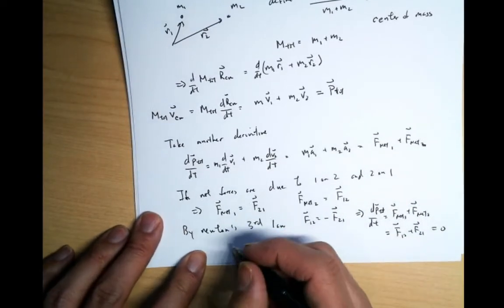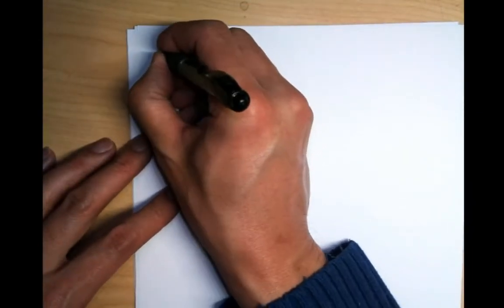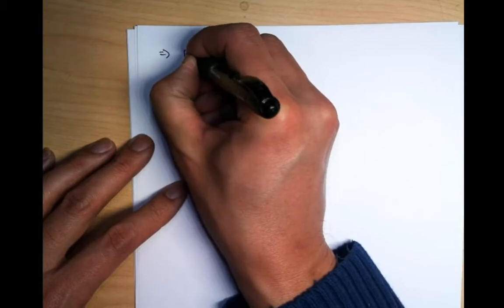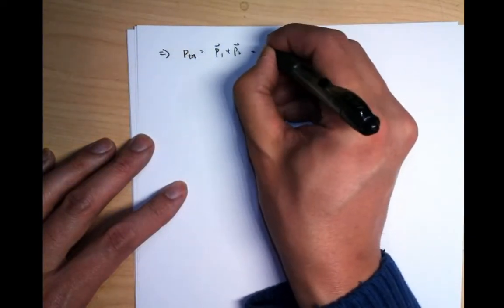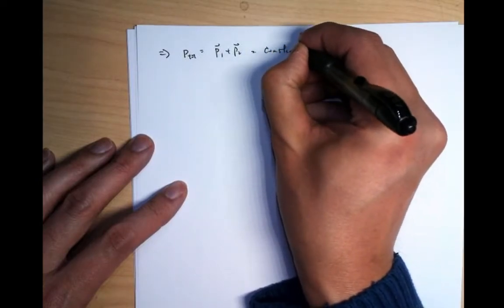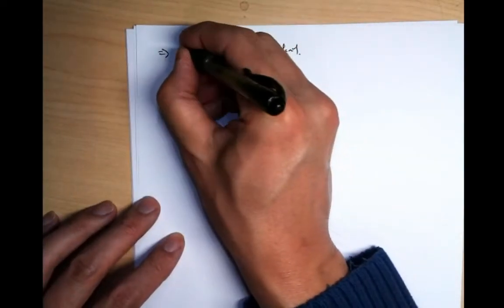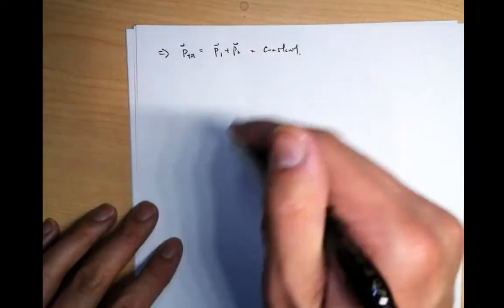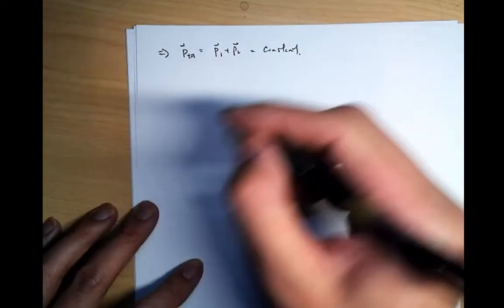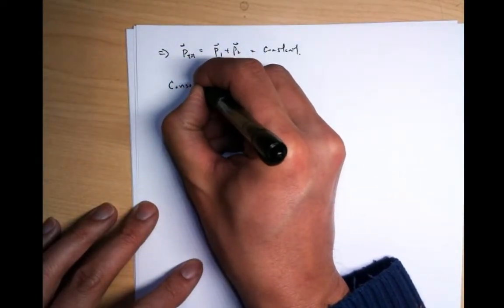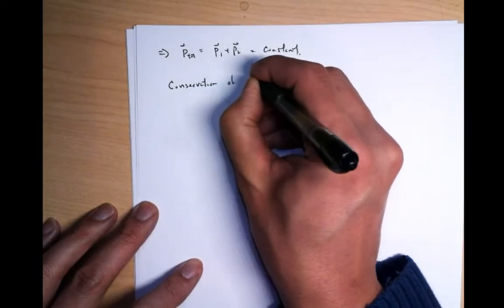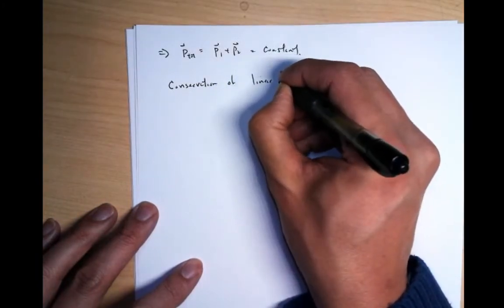And so what that implies at the end of the day is that the total momentum, which is P1 plus P2, is a constant, right? In other words, the total momentum is conserved, right? Okay, so this is called the conservation of linear momentum.